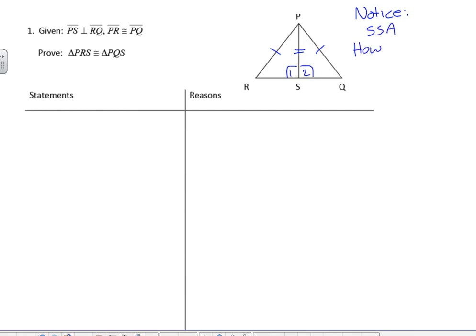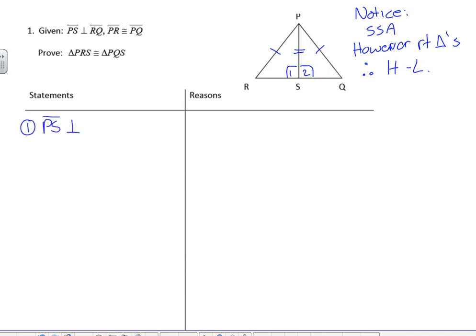However, we have two right triangles, so we can use hypotenuse leg. Side-side-angle, oops, that doesn't work. However, this is a right triangle, so we can use hypotenuse leg. Let me show you how we'll do that.